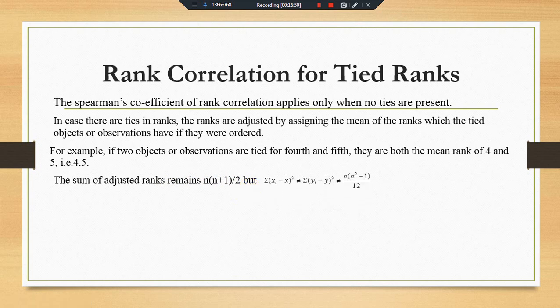But keep it in mind that previously you have seen that summation xi minus x bar is equal to each other in rank correlation. But when there are ties or same observations in a series, then these will not be equal to each other anymore. So you have to make some adjustment to get the correct solution.